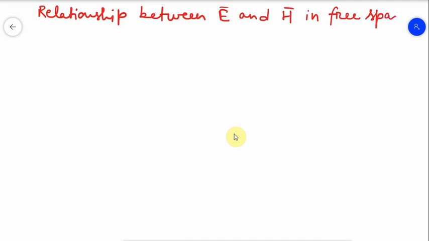About free space, I had discussed while I was discussing the plane waves in free space. So what are the conditions we consider in free space, that we have already discussed. So let us start deriving this.